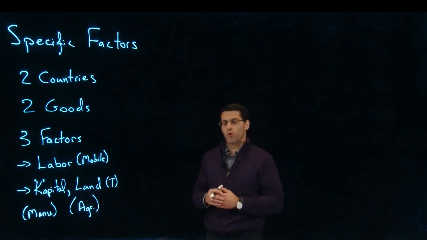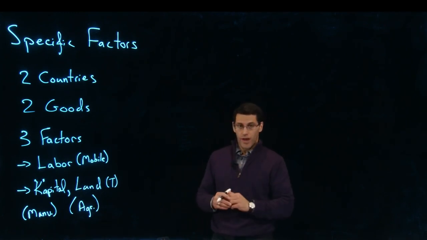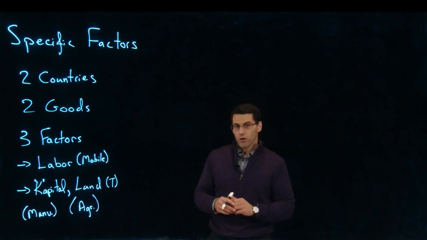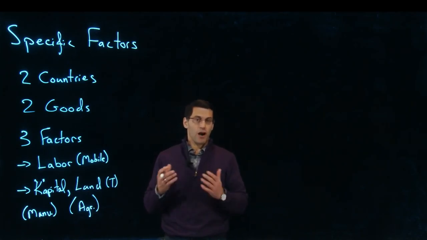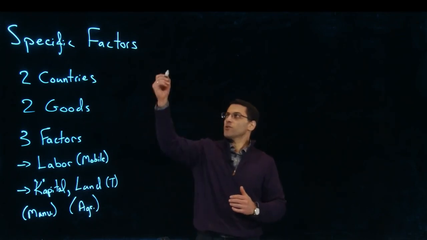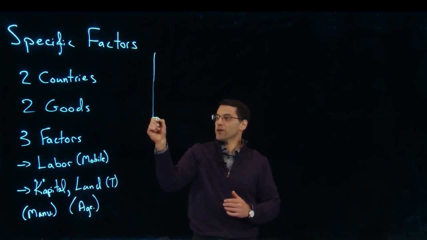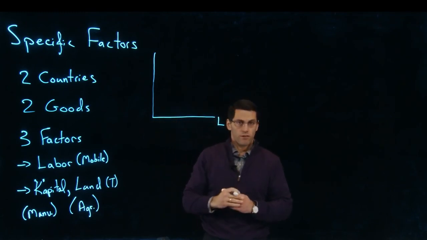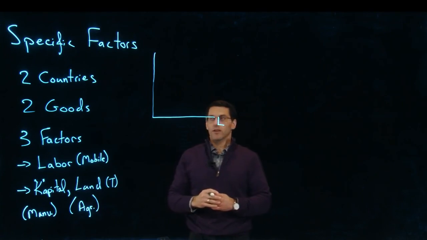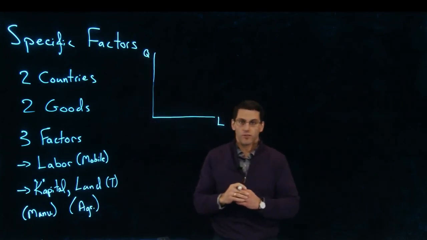Now, one other important difference between the Ricardian model and the specific factors model is that we're no longer assuming marginal productivity of labor as being constant. Right? So if you think about any of our industries here, and again, we're going to have two, we put L on the x-axis, and we'll have our quantity, our output, on the y-axis.